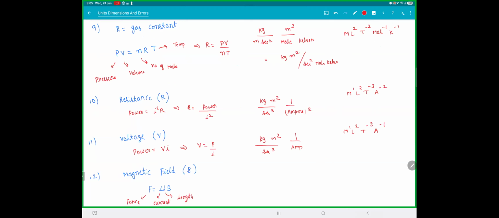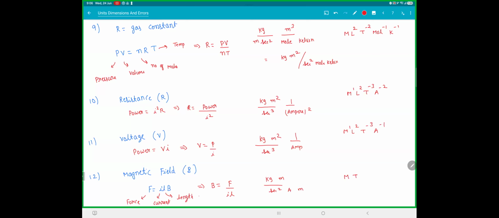So next thing. Magnetic field. B is equal to F by IL. Force is kg meter per second square. Current is ampere. Length is meter. Meter goes off.